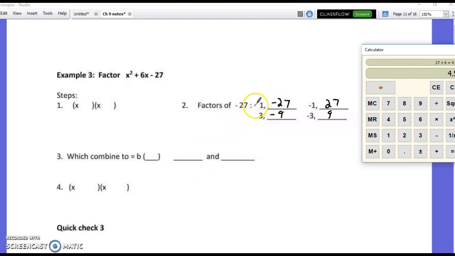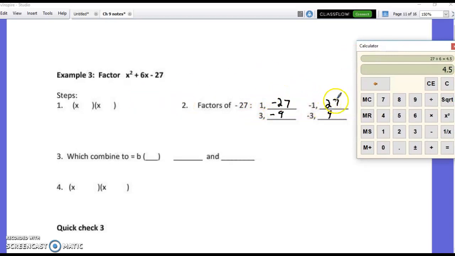Now, which one of these add to equal positive 6? So 1 plus negative 27, negative 1 plus 27, 3 plus a negative 9, or negative 3 plus 9. So we have to figure out which combine to equal a positive 6. In this case, it's going to be negative 3 and a positive 9.